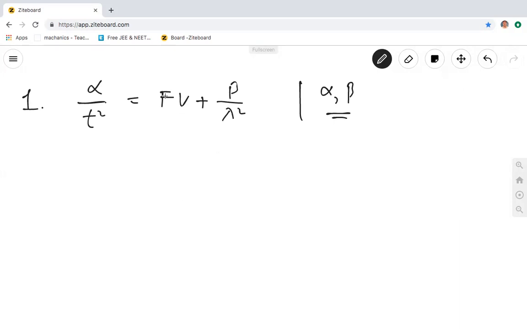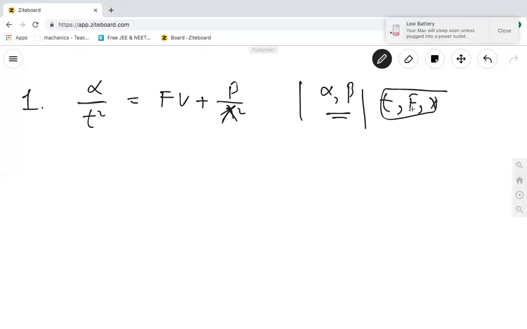T, f, and x are known dimensions because you know t is time, f is force, x is displacement.